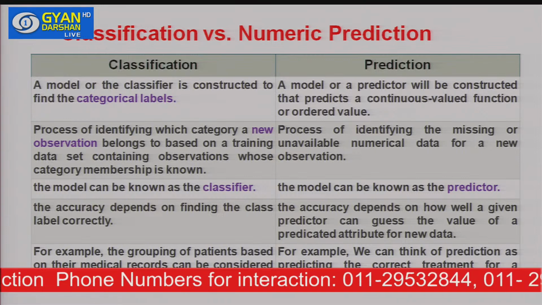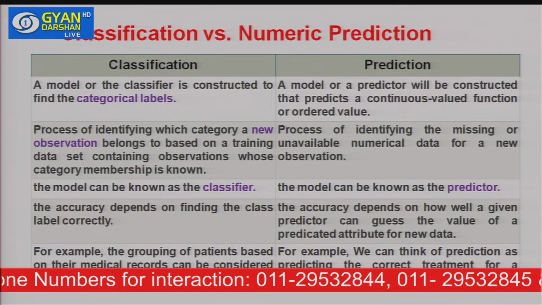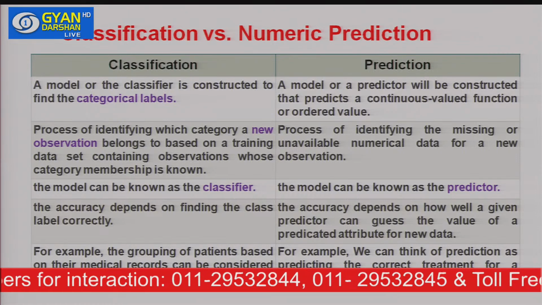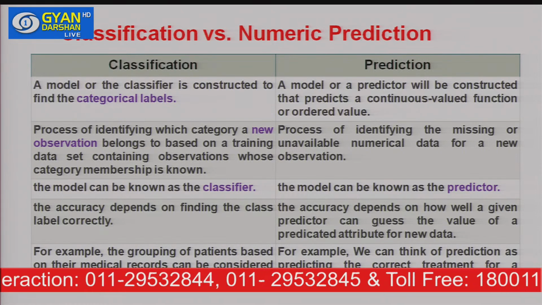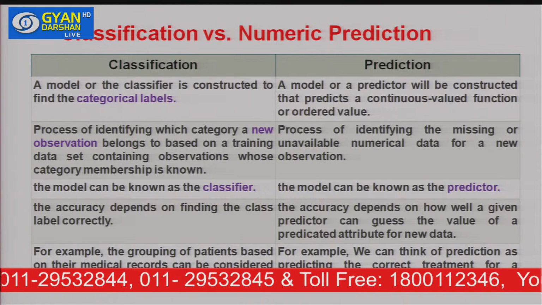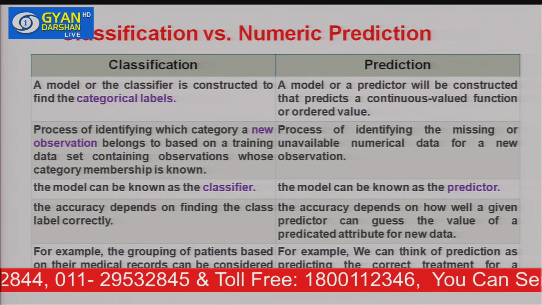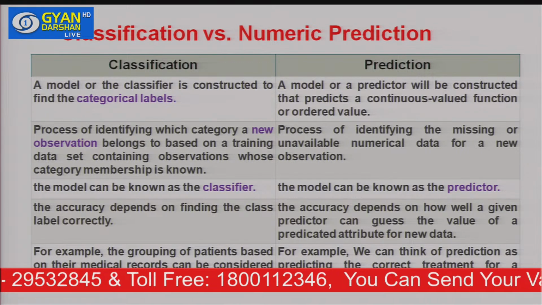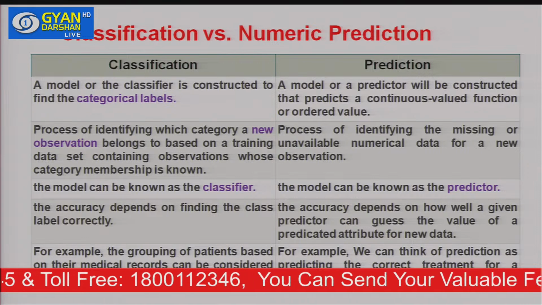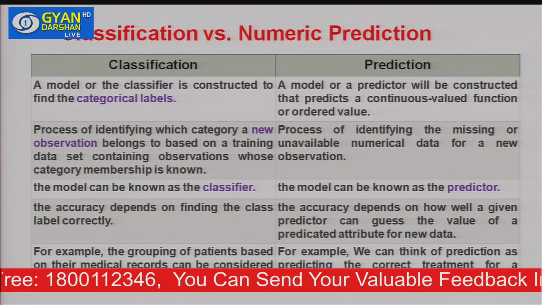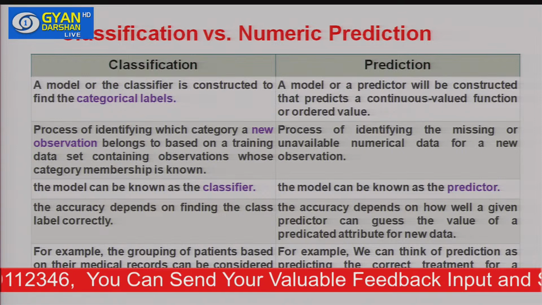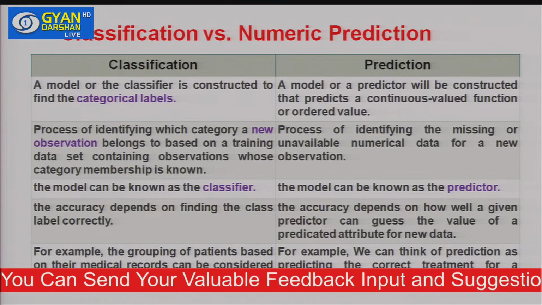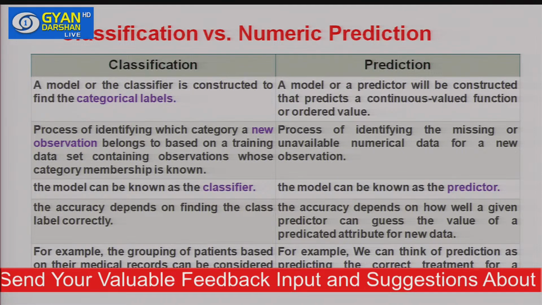Based on that, whenever any new observation or new data set comes, your classifier, or classification model, assigns it to a particular class. In case of prediction, it is the process of identifying the missing or unavailable numeric data for a new observation.